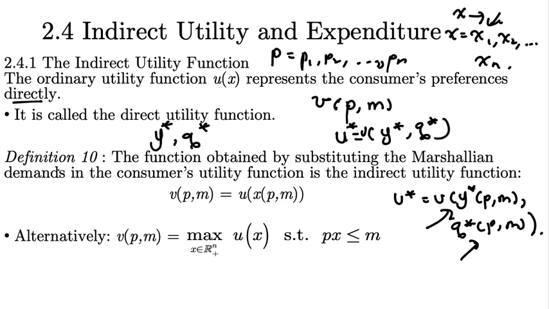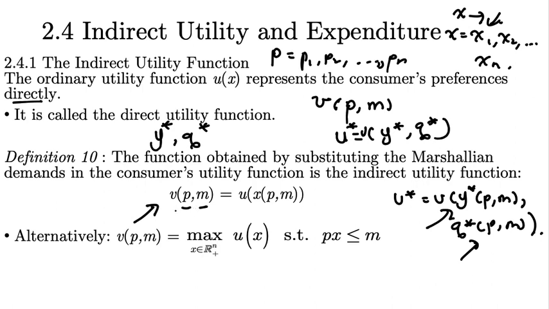So here, look at the definition. Definition 10. The function obtained by substituting the Marshallian demands in the consumer's utility function is what we call the indirect utility function. So this is the formal definition. The indirect utility function here is called V as a function of prices and also M. It's not directly a function of the bundle of goods that we consume.